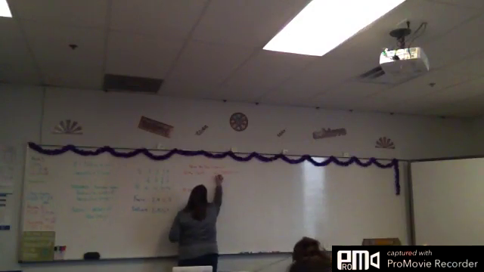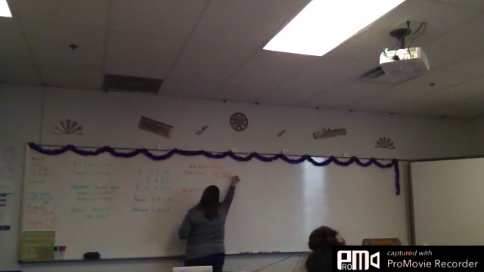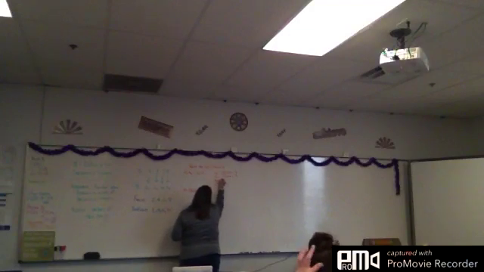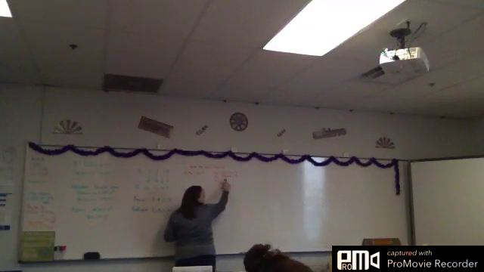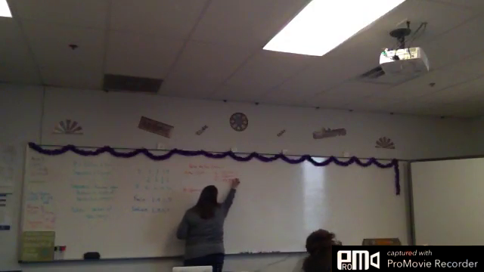A of 2 equals 2 times 2 plus 5, so that would equal 9. A of 3, see how the n is my term that I'm using, equals 2 times 3 plus 5, which is 11.